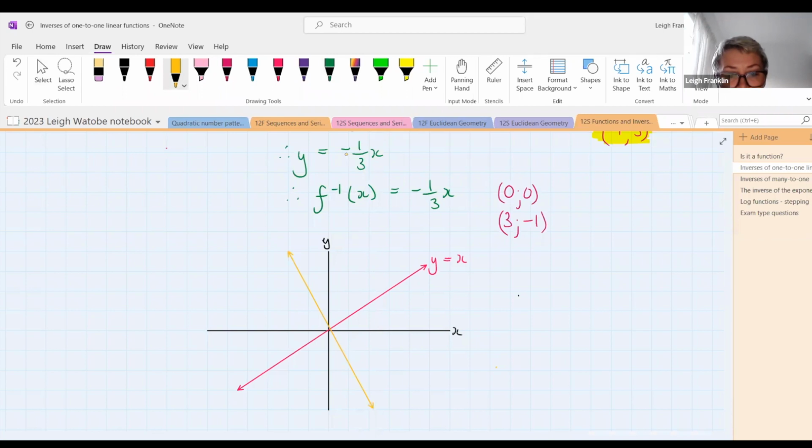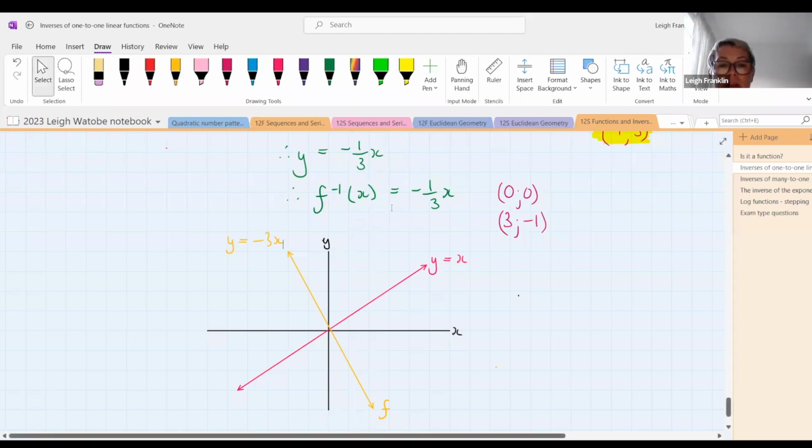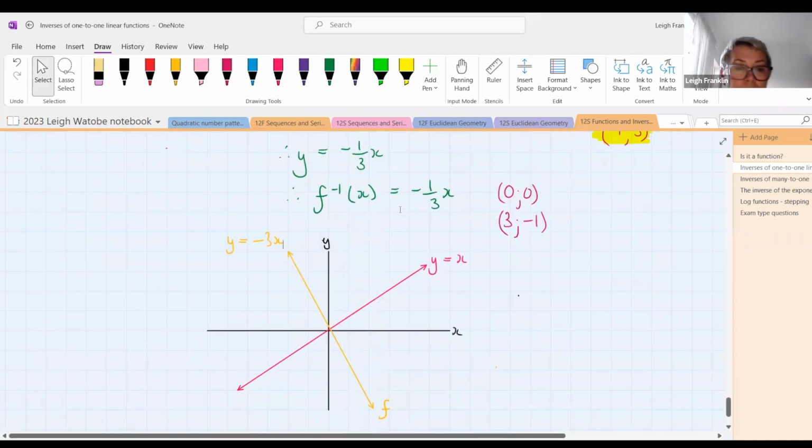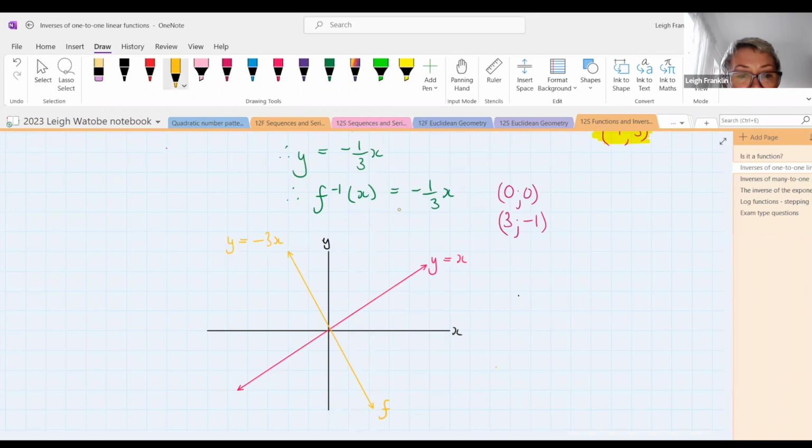Here is the graph of f, the line y equals minus 3x. Remember, I had already decided up here that it went through the coordinates minus 1 and 3. So let's say the coordinates minus 1 and 3 is that point over there. I can label it.